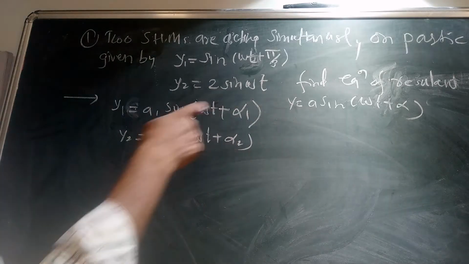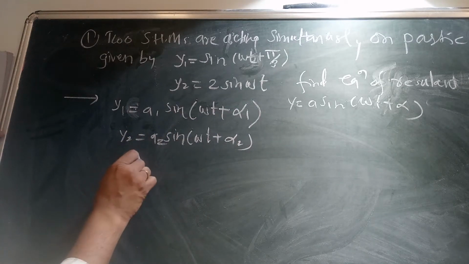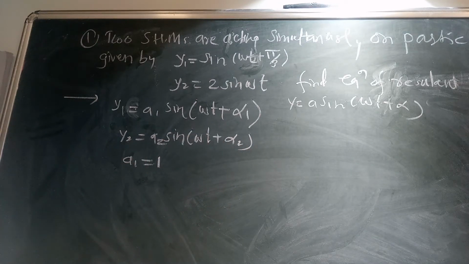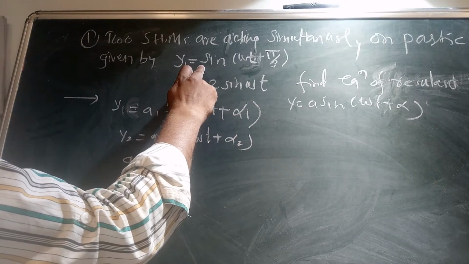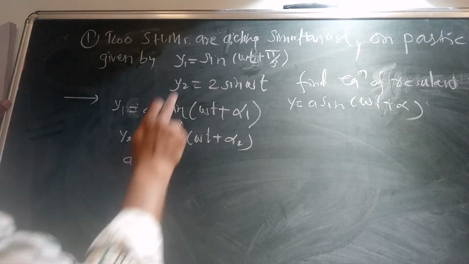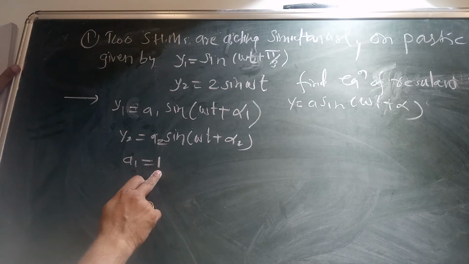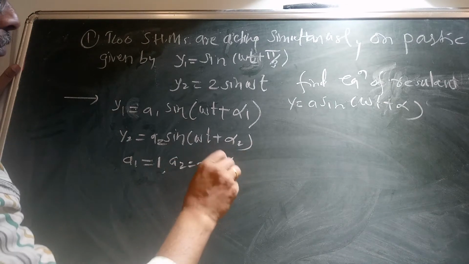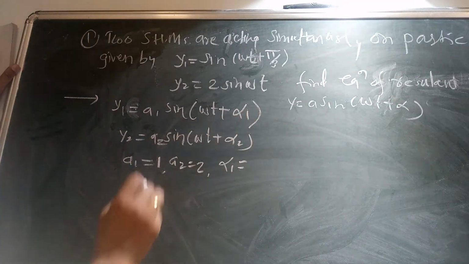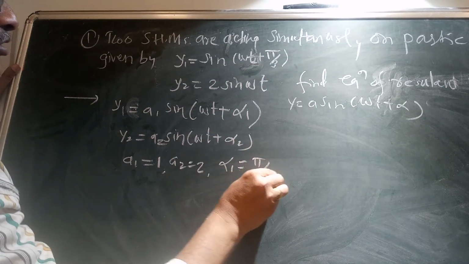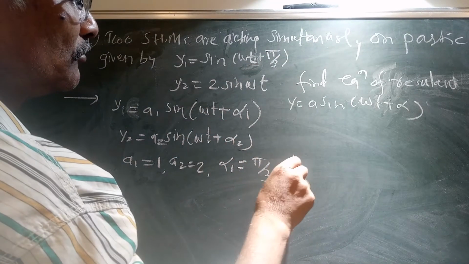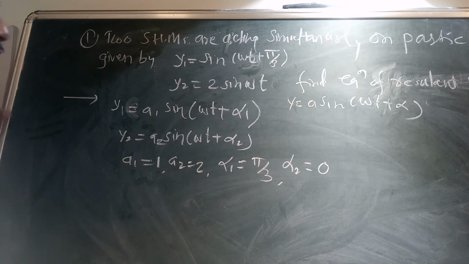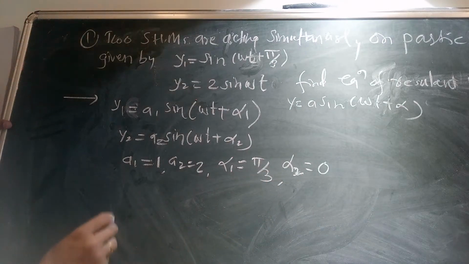So from this equation we can have a1 is equal to 1, and here there is no other component, so a1 is equal to 1. a2 is equal to 2 here, alpha 1 is equal to pi by 3, and alpha 2 is equal to 0, because there is no phase term.